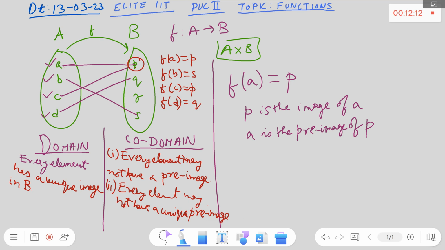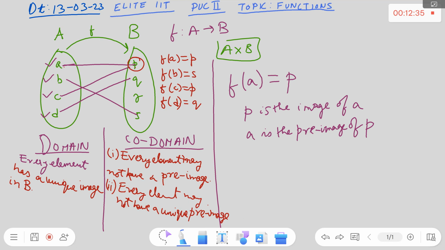Clear? This is what makes f a function. For example, if you see something like this, is it a function? No, because B has how many images? 2 images, isn't it? So it will not be a function.